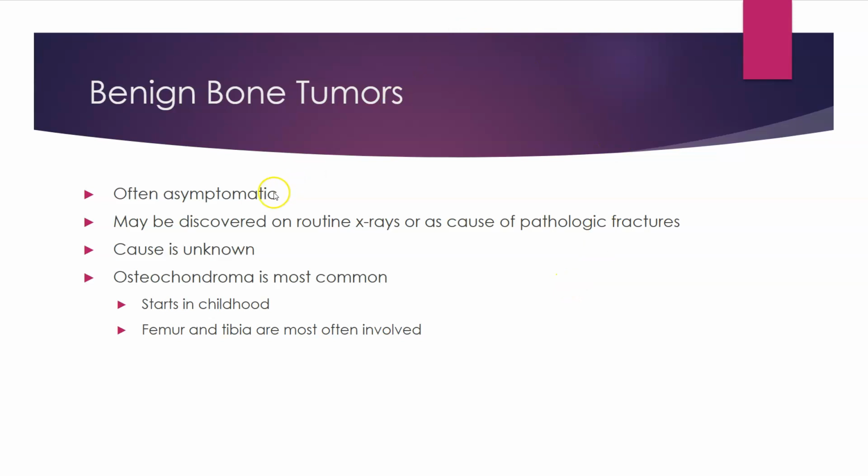Bone tumors, so often these are asymptomatic, so you might see them as a finding of somebody finding a lump on one of their bones, or you get pathological fractures with this. Causes unknown. Osteochondroma is the most common with this one. It can start in childhood, but can be at any age. And then often the femur and the tibia are the most involved with this.